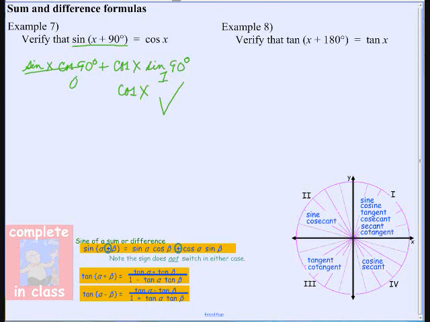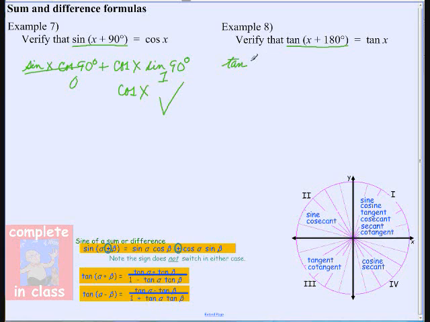Okay. So again, I'm going to work with the more complicated side. And we'll use this. The numerator, this is a more complicated identity, isn't it? The numerator is going to be the tangent of alpha plus the tangent of beta.